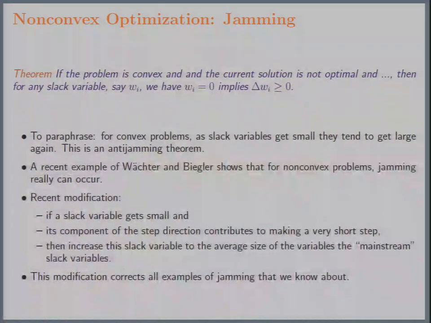Maybe I should draw a little picture of that as well. Even for linear programming, it's basically the same picture I drew before. In fact, I can use this picture. The first step goes toward the direction of optimality, but not exactly toward the optimal vertex. It just goes in that general direction. And then we stop short of this wall, and the next time we stop short of the wall. And we're never pointing exactly at the vertex.